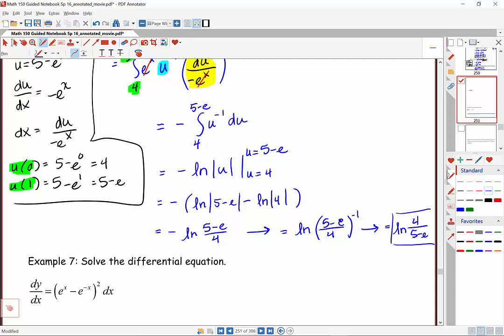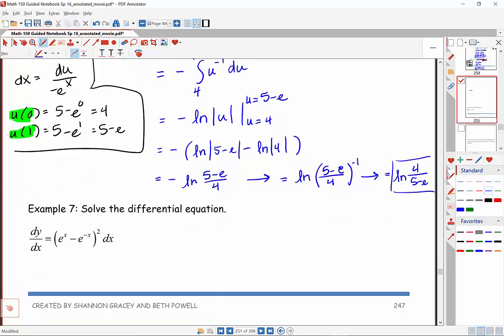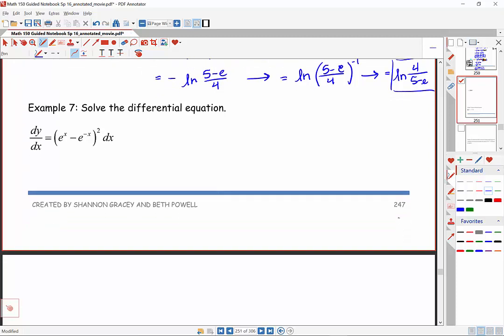All right, here we go. Now let's solve the differential equation. So again, we need to multiply both sides by, oh no, what do we have here? I think I've got a typo. Sorry guys, there's a typo here.